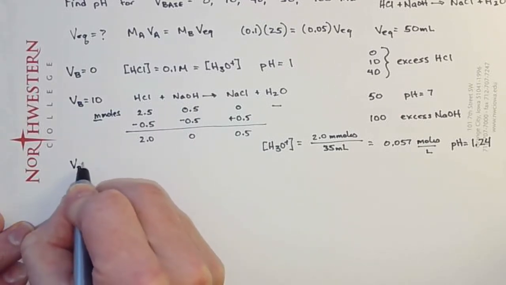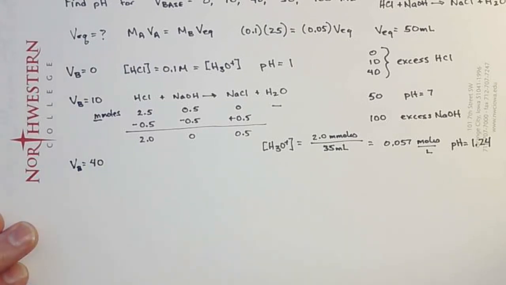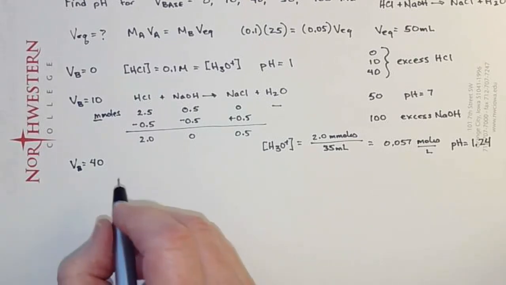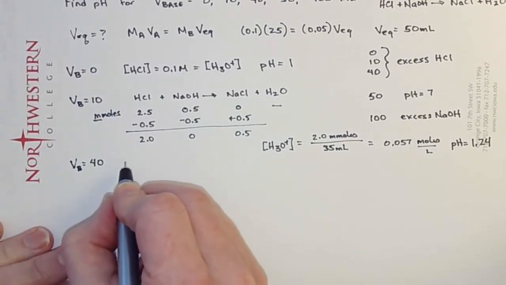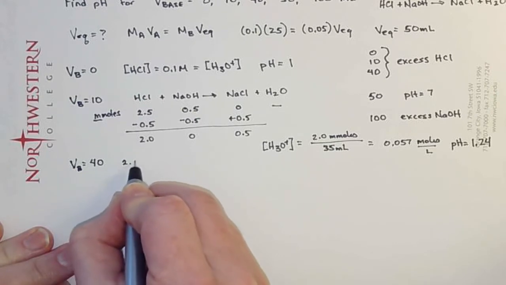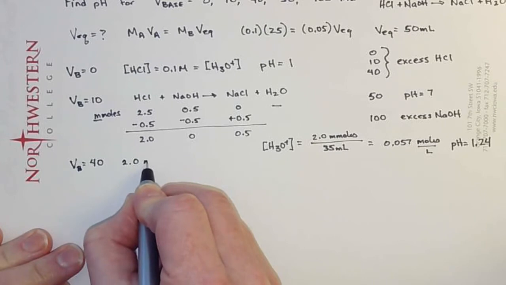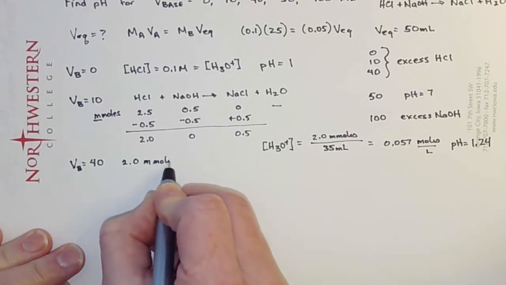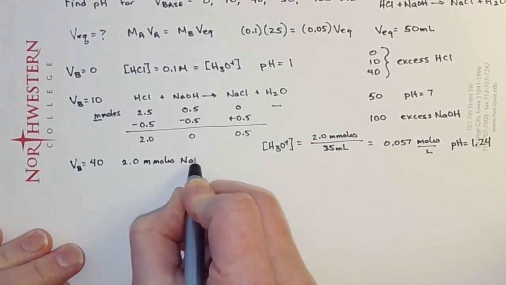At a volume of base equal to 40, we're going to have the same general process, except at 40 we are adding 2.0 millimoles of NaOH.